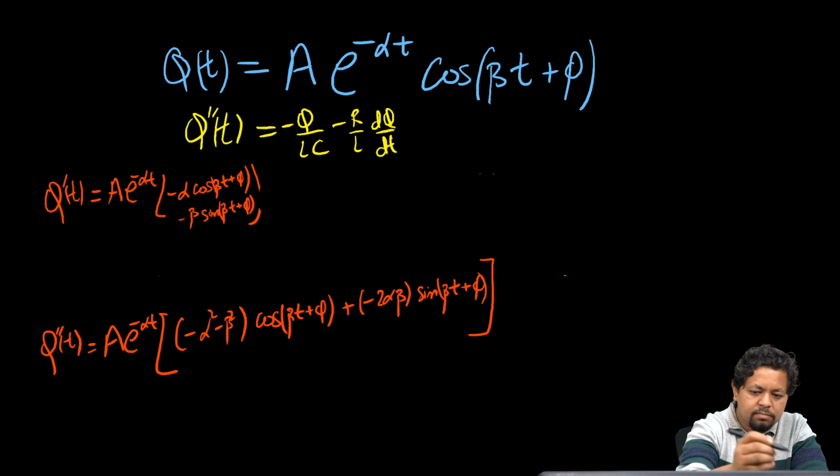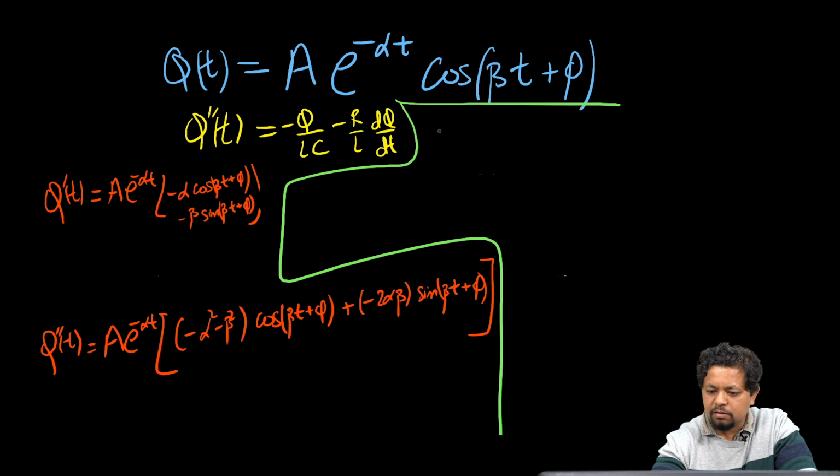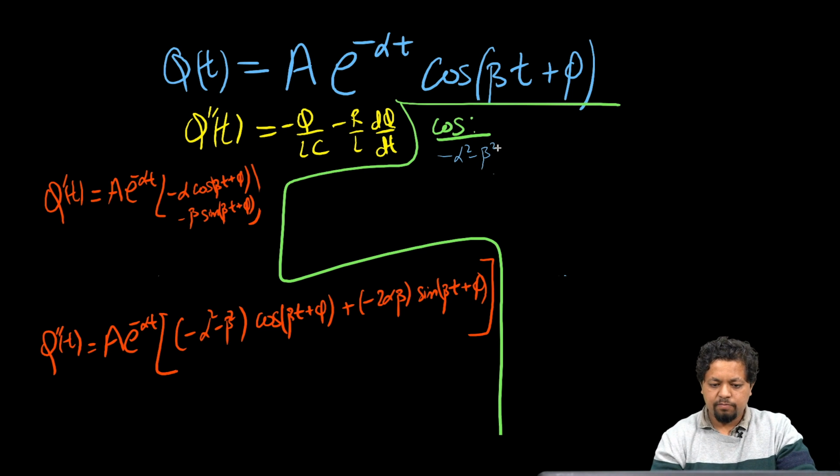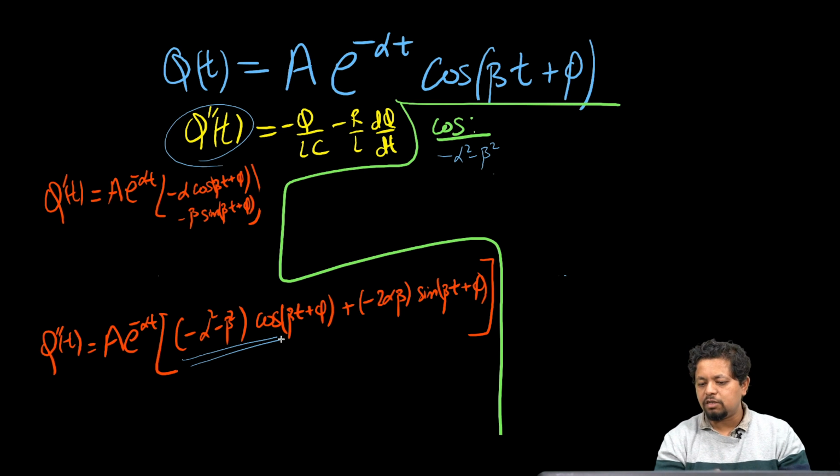If I look through all of that and compare coefficients of the cosine term, from q double prime of t I get minus alpha squared minus beta squared, times e to the power minus alpha t, which is going to cancel out. So rather it's the coefficient of e to the power minus alpha t times cosine, which is linearly independent from e to the power minus alpha t times sine.